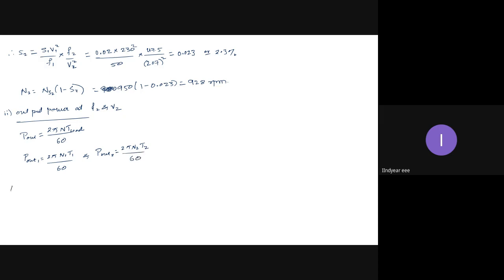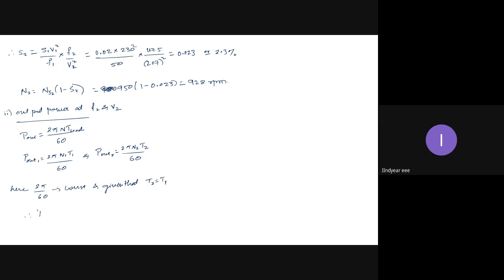So here 2 pi by 60 is a constant, and given that the load torque is constant, T2 is equals to T1.